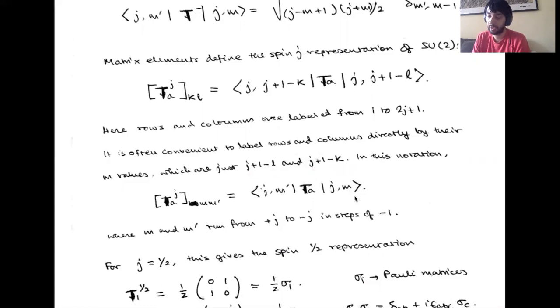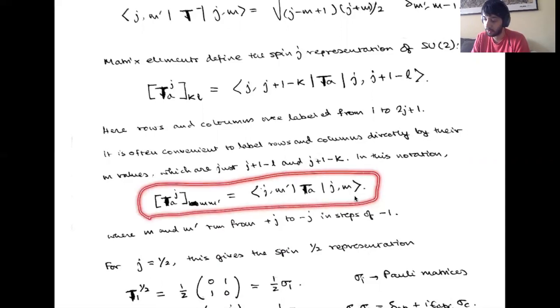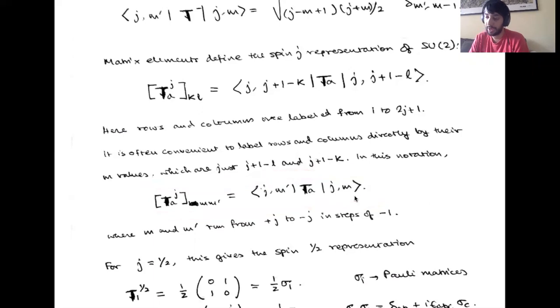In this particular way of doing it, what you'll have is T a j. Again, let me not read this out, but this is what you have. And remember that j, m and m' run from plus j to minus j in steps of 1.